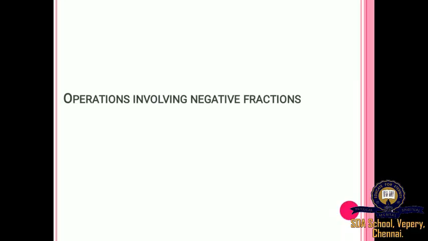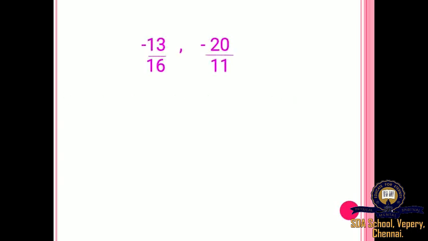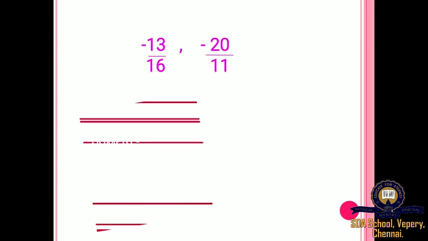Operations involving negative fractions. So far we have dealt with only positive fractions. Such fractions have a positive integer as the numerator. Negative fractions have a negative integer as the numerator, but the denominator of all fractions is a positive integer. Here is an example: minus 13 by 16 and minus 20 by 11.